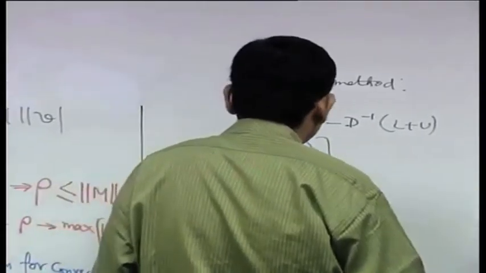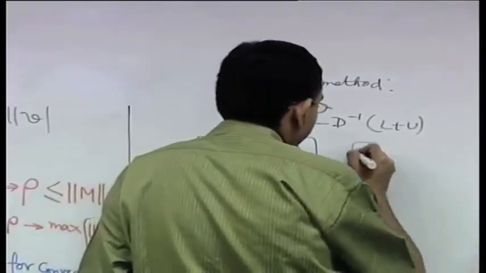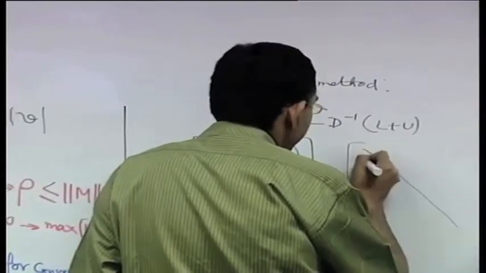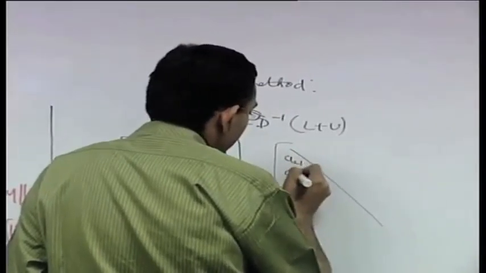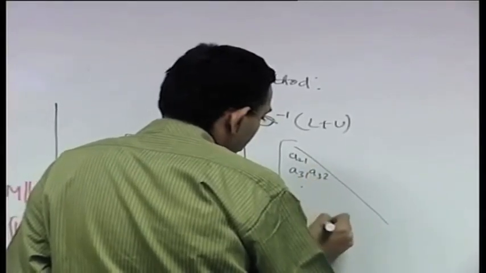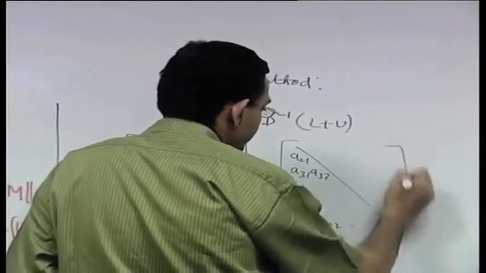And L is A21, A31, A32, then AN1, AN2 in this way.